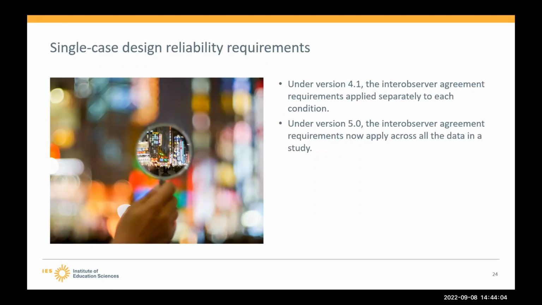So for this reason, the WWC has relaxed these requirements under the new standards to better align with standard reporting practices observed in many high-quality studies. And so the new standards now only require that authors report inter-assessor agreement data for the whole design, rather than requiring them to report that information separately by each condition.